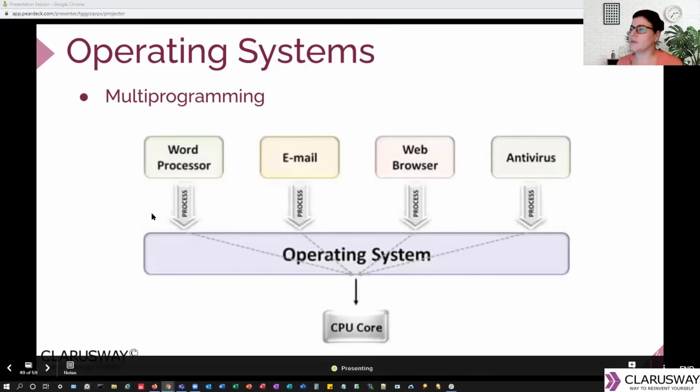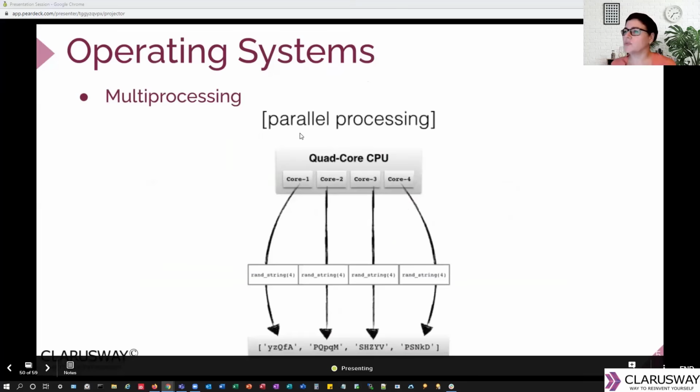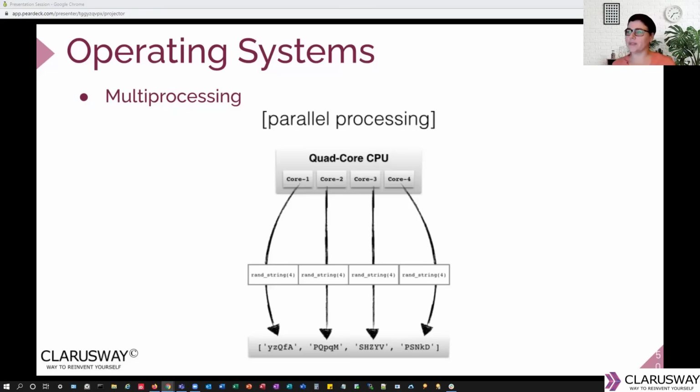So again, multi-programming, multiple processes using a single core. Multi-processing are multiple processes using multiple cores. And when we talk about those cores, we go way back to when we were talking about hardware. Within a CPU, you can have multiple processing units.